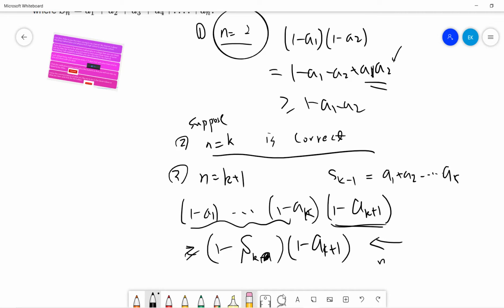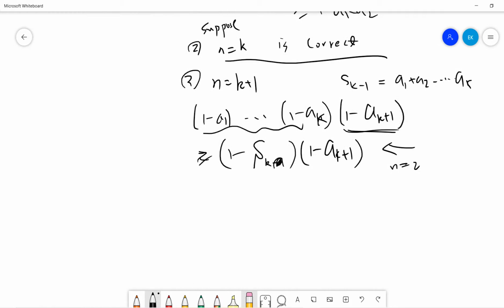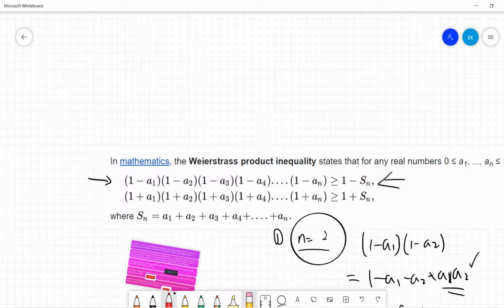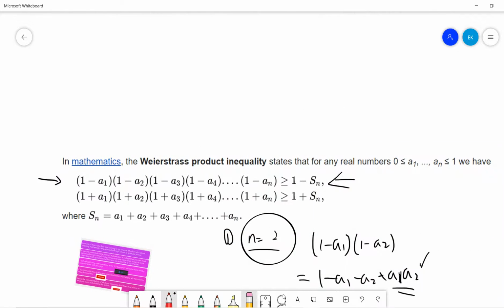Then for this we use n equals 2, so we get greater or equal to 1 minus Sk minus a_(k plus 1). This total can be written as S_(k plus 1), which is just a1, a2 up to a_(k plus 1). So this is proven by induction.